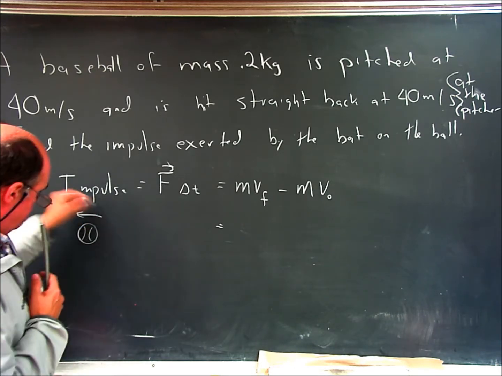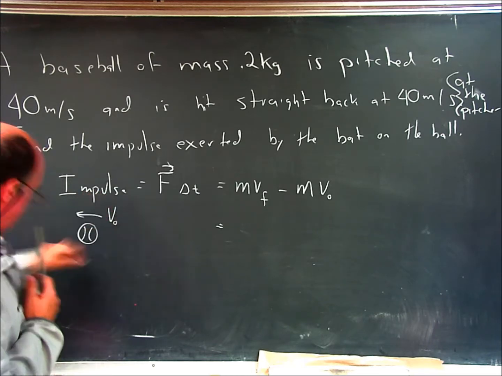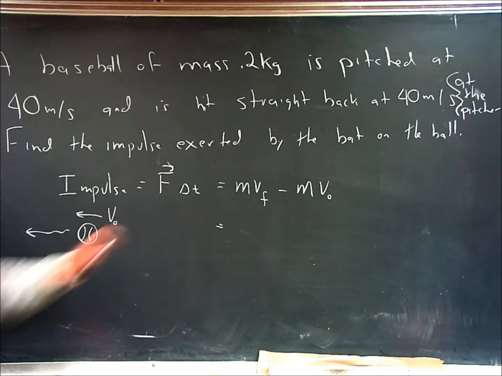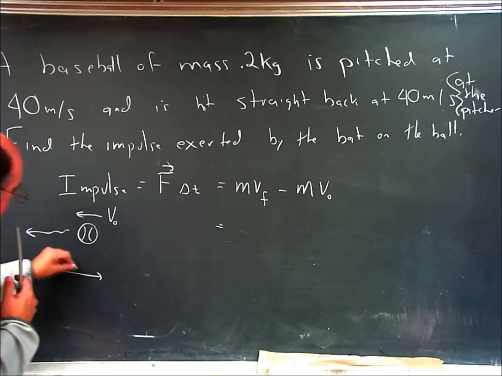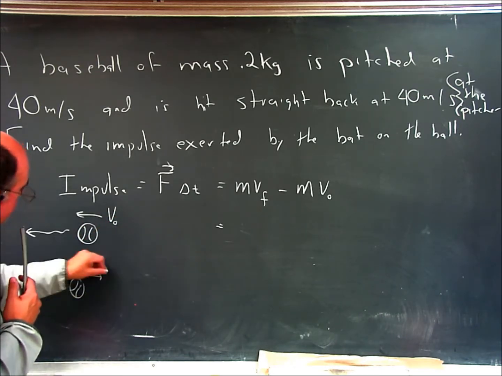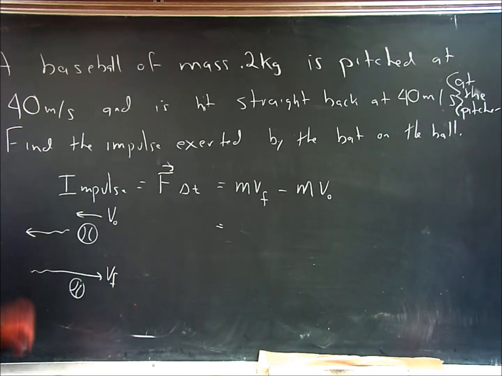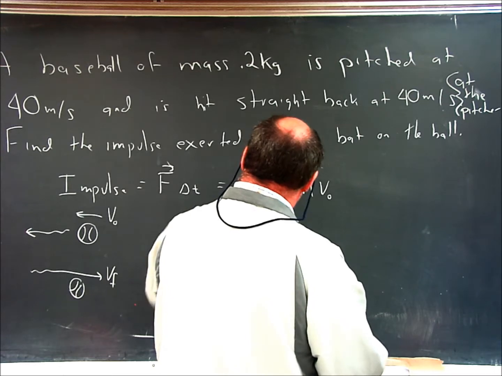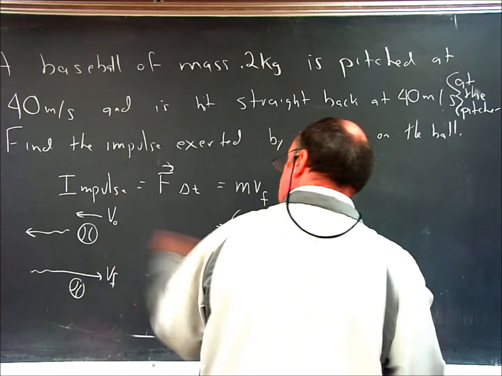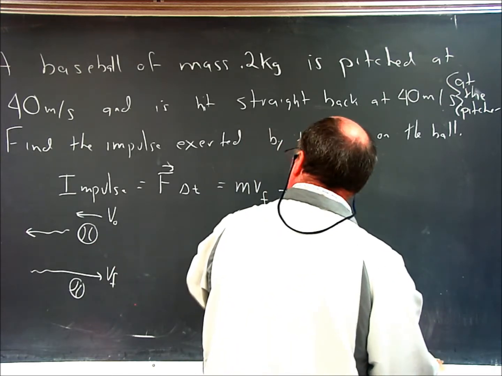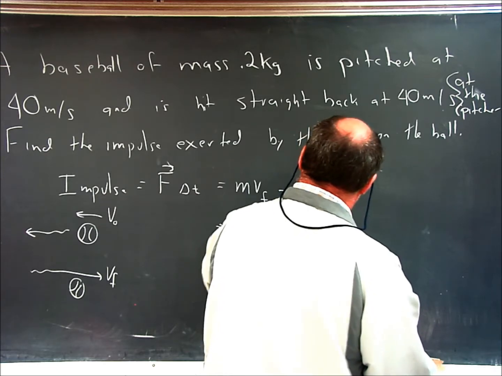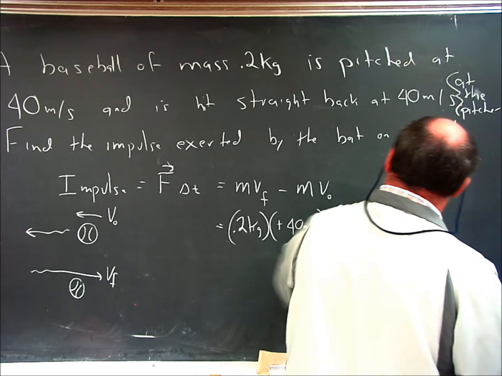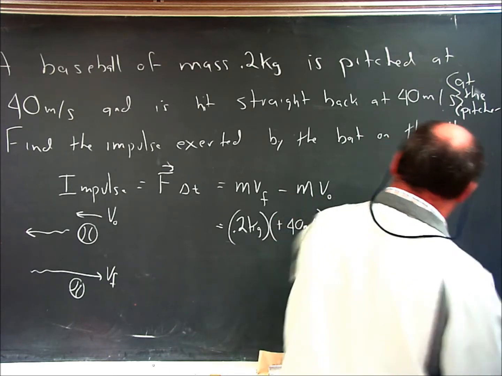If the original baseball was going this way, and it's going to come towards here, and the batter is going to hit it and push it away, then the final velocity of this ball will be this way. If I write these in, I would say m, which was 0.2 kilograms, and v final in this picture is a positive 40 meters per second, and then minus m, which is 0.2 kilograms again, and v initial was a negative 40.